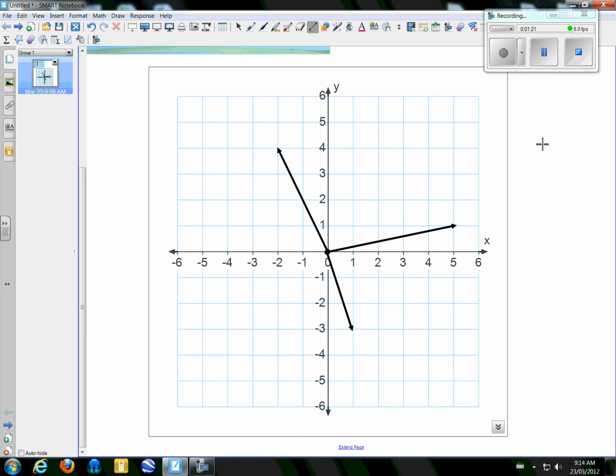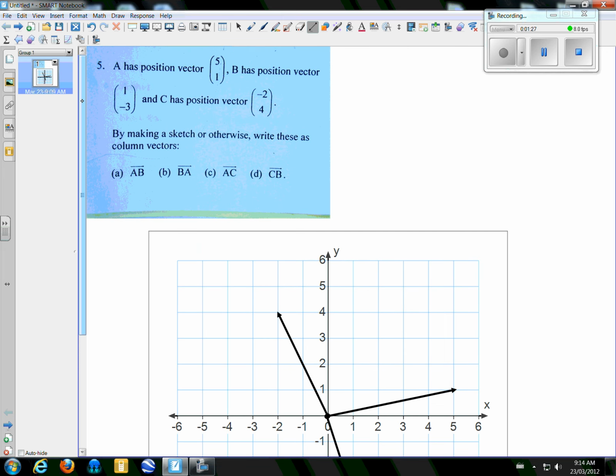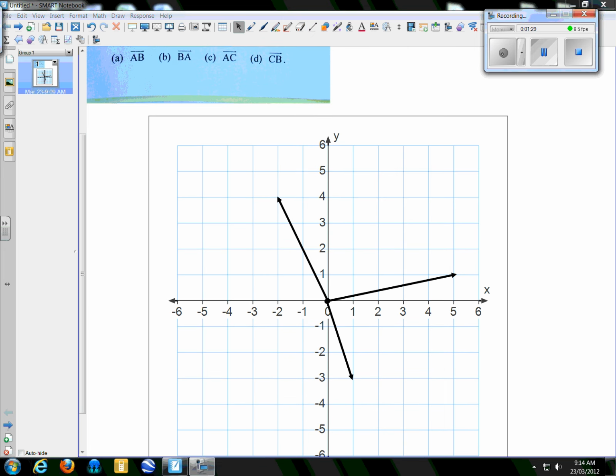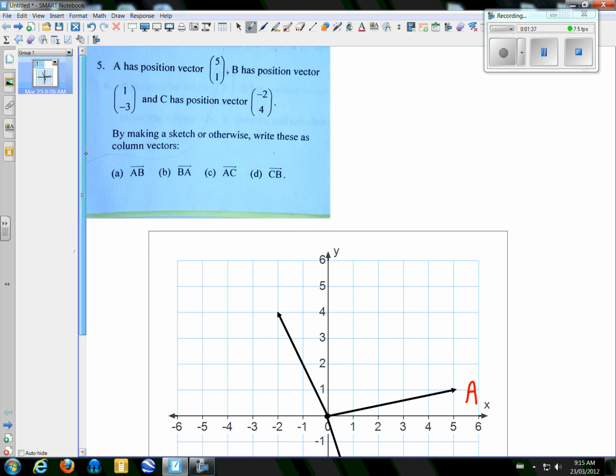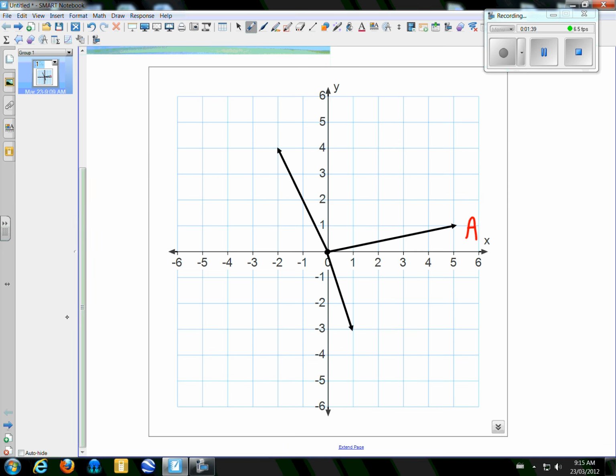Okay, so I want to label what we've done here. All right, so A goes here, (5, 1). B is at (1, -3). So this would be C.